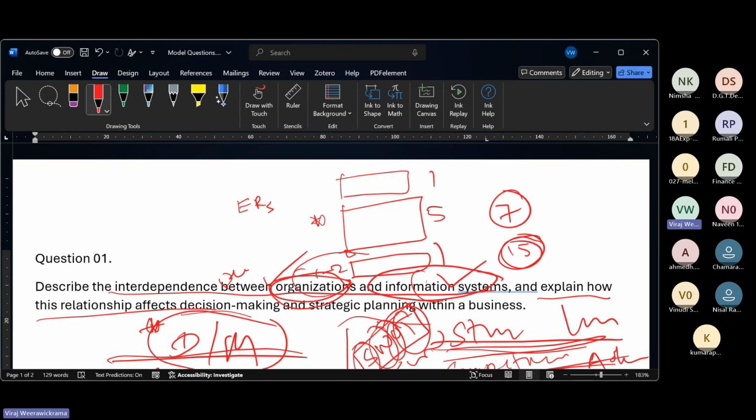Likewise, you have to plan your answer according to the exam requirements as well as the marks allocated. Right? These are the two areas that you have to consider when you are planning an answer for exam purposes as well. I'm focusing these questions for your exam purposes because I have that experience. Our students are losing marks.